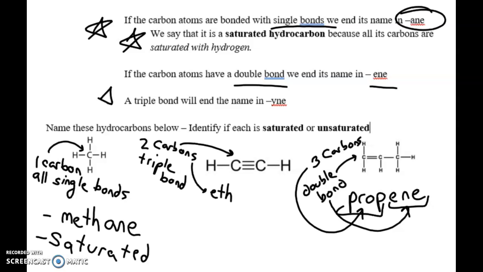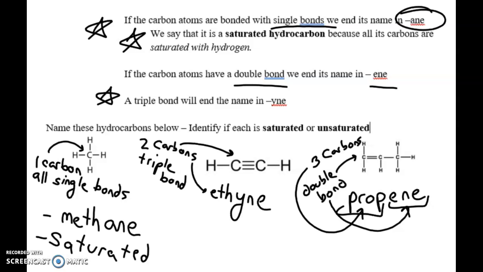And it says here a triple bond will end with -yne. So we have y and e, and we have our compound ethyne. You might see this same compound named acetylene, same compound, different name. It's used in torches if you ever do any welding. Maybe you will, who knows.